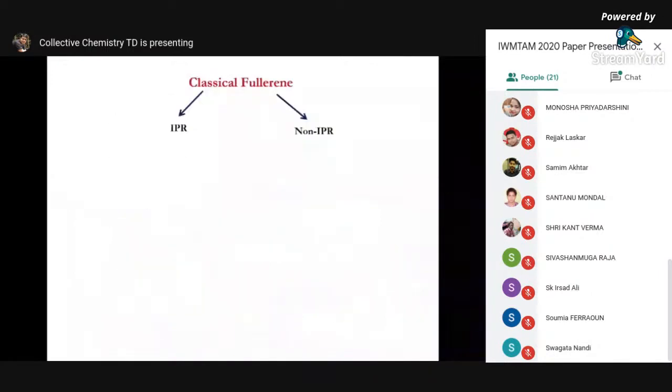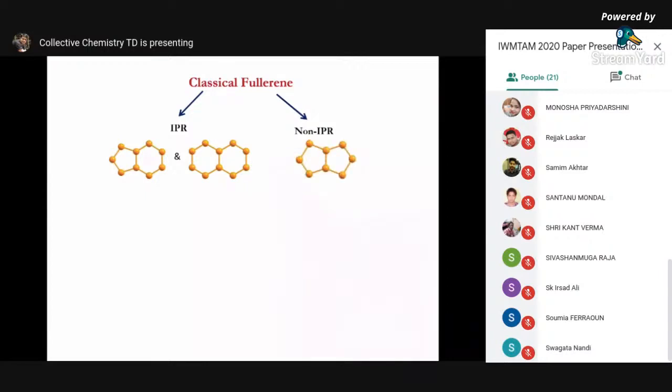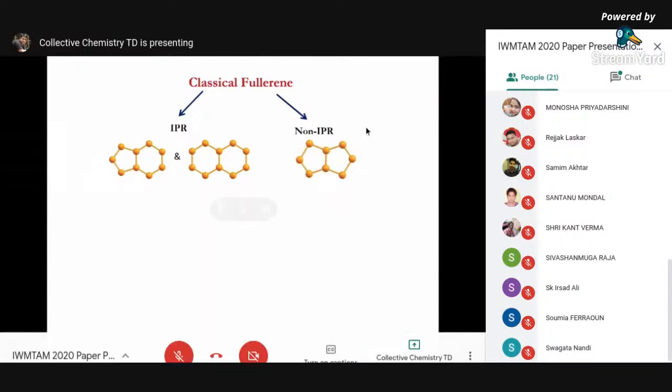Classical fullerenes are mainly of two types. One is the IPR fullerene, where either two 6-membered rings are fused, or one 6-membered and one 5-membered ring are fused. Another is the non-IPR fullerene, where two 5-membered rings are fused.